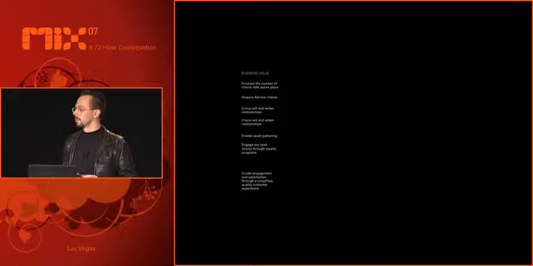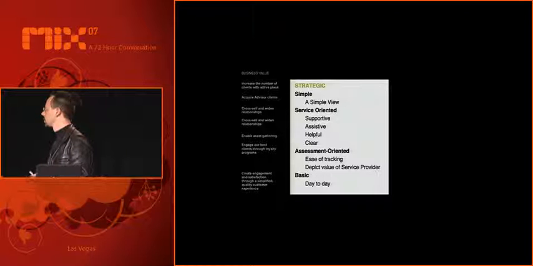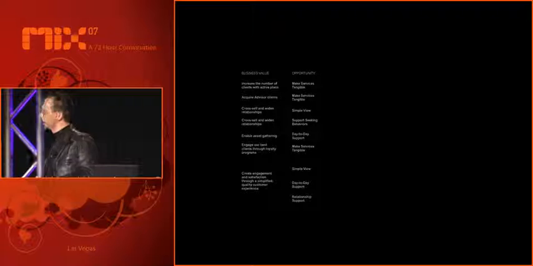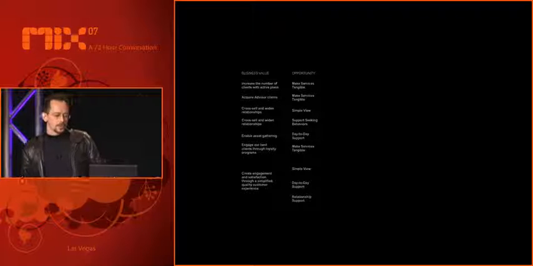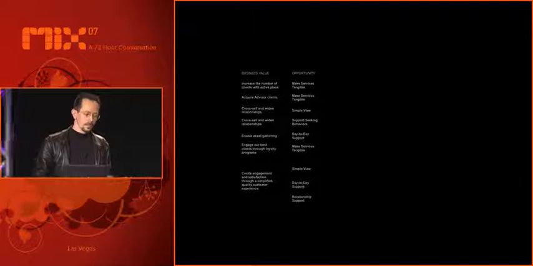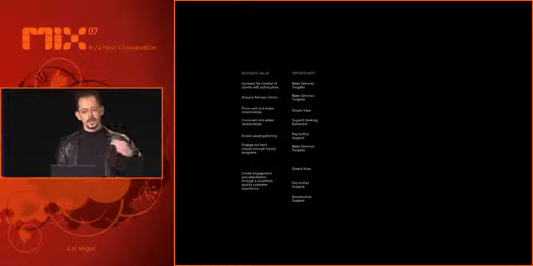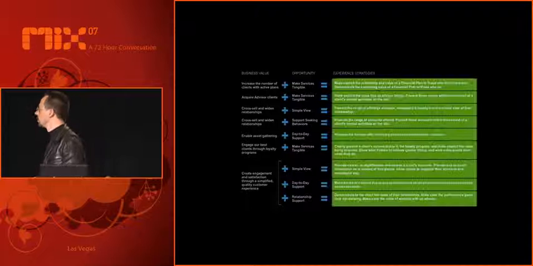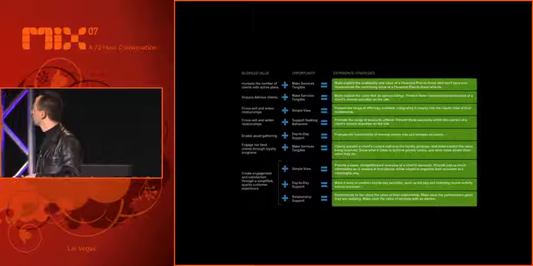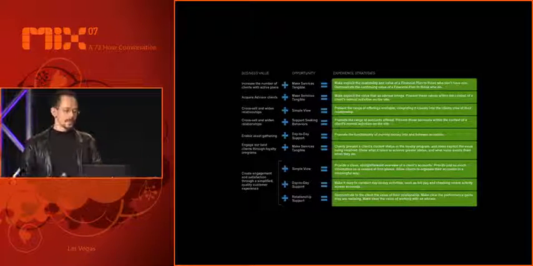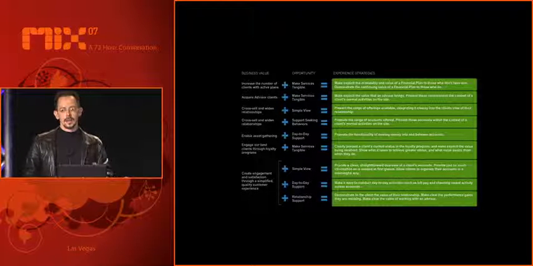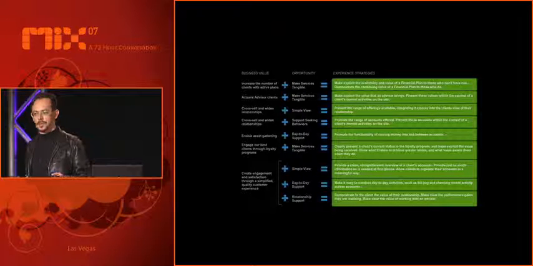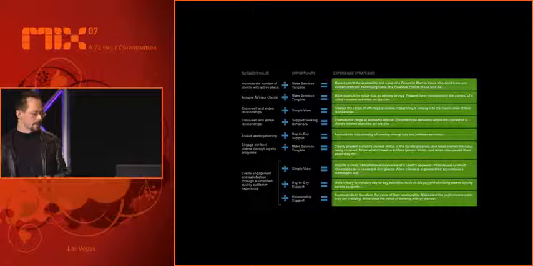And then we combined these business metrics with our design strategies and really identified a set of opportunities to use the design to deliver value for our client as well as value for the users. Put those together, and we arrived at a set of experience strategies. Now we're getting down to a more concrete level, but we're still not talking about technology, not talking about specific aspects of the design.